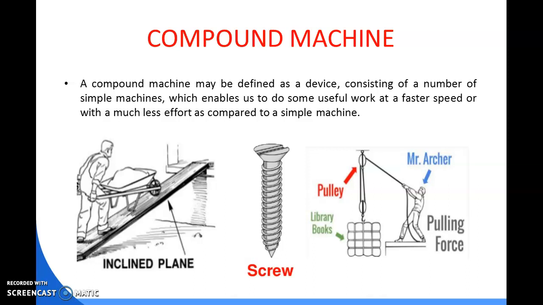In a compound machine, we can see there is more than one simple machine, and the effort, load and work done can be carried out in various types of situations. You can see these are some examples of compound machines.